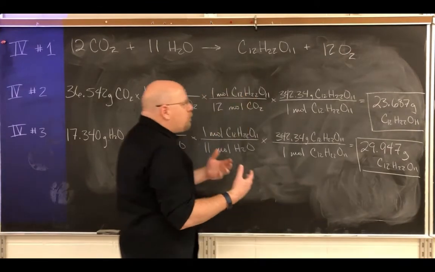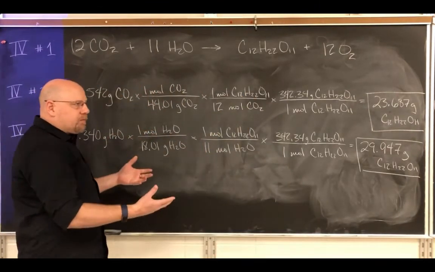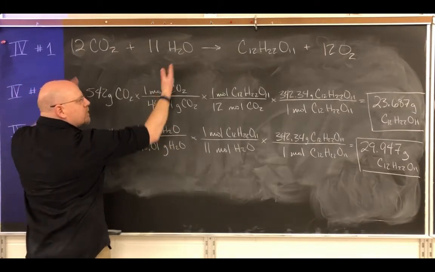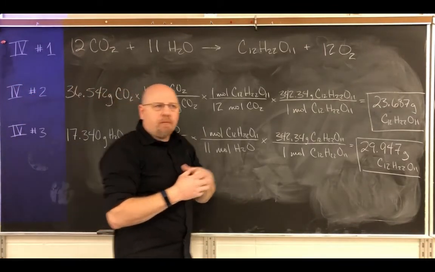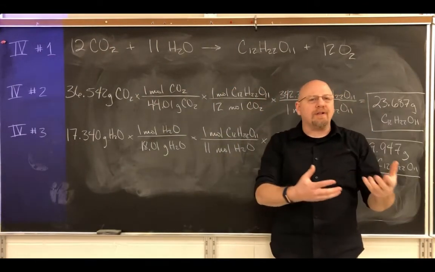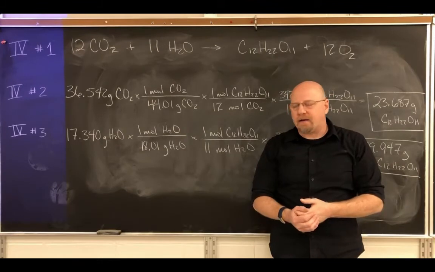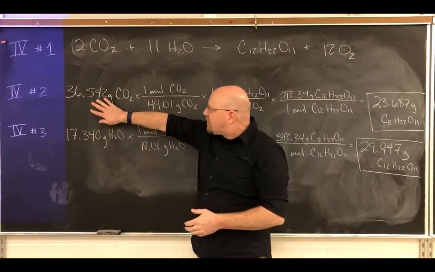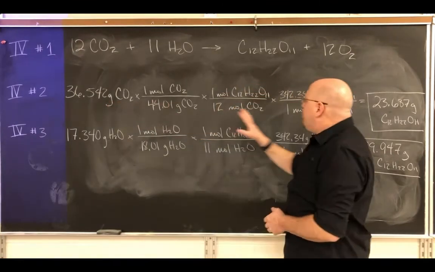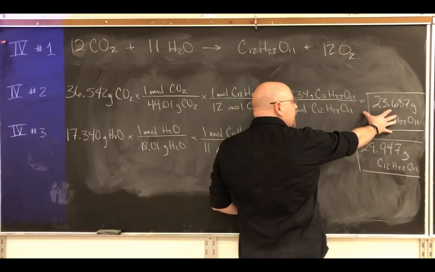So when we're presented with problems where both reactants are given and we're asked how much product will be produced, we need to find what's called a limiting and an excess reactant. This compound, the carbon dioxide, limits the amount of sucrose that we can make.